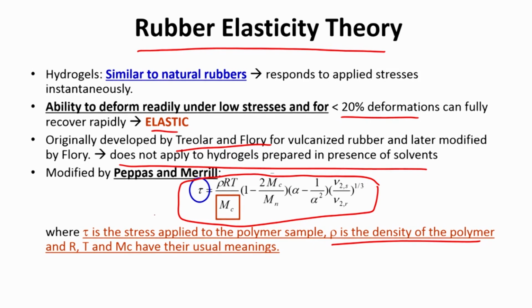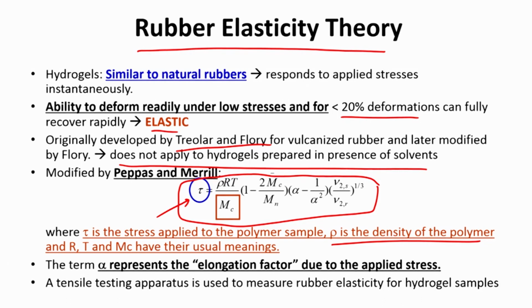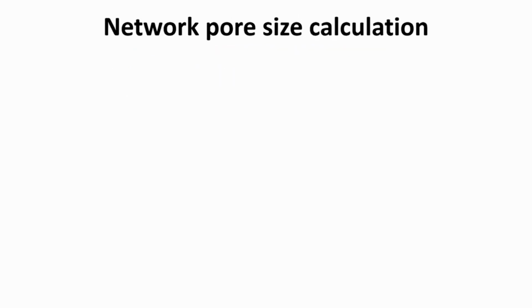Tau is the stress that we are applying, so we can use instruments like a rheometer to know what tau is, and that will give us another equation along with the last equation to get an idea of what the different MC, V2S and V2R are. Alpha here represents the elongation term, which is basically the elongation due to the applied stress, and as I said, a tensile testing apparatus can be used to measure this rubber elasticity for hydrogel samples.